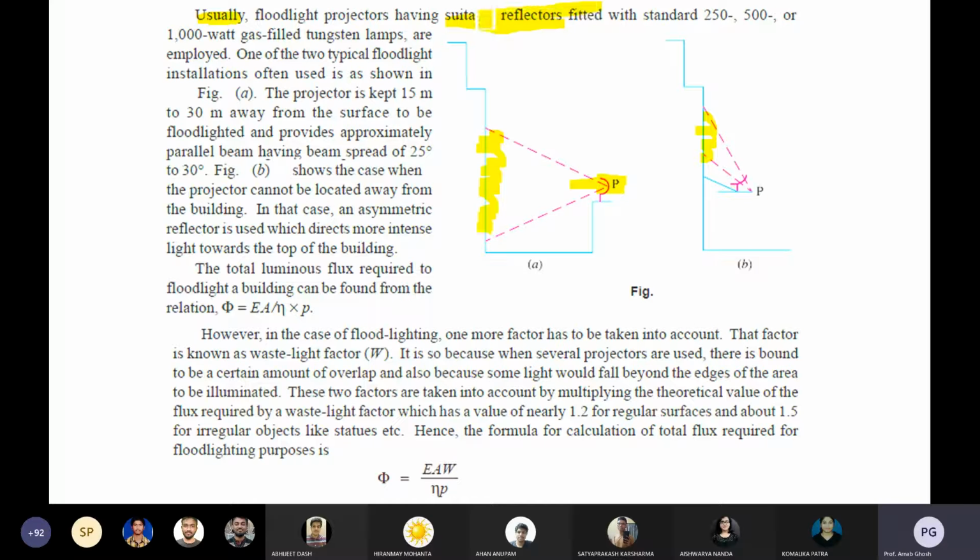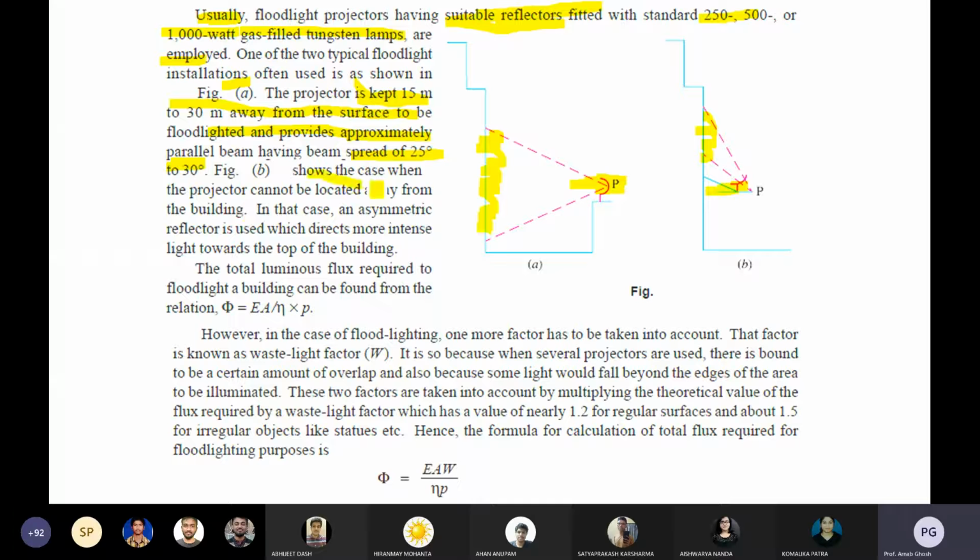Typical floodlight installations are given in the figures: keep the projectors 15 to 30 meters away from the surface, at an angle of about 25 to 30 degrees. When the projectors cannot be located away from the building, an asymmetric reflector is used, which directs more intense light towards the top of the building.